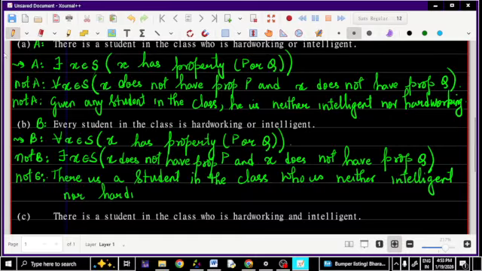So this student does not have any of the two properties P and Q. So this will be the negation of the given statement in plain English. I hope this is clear.